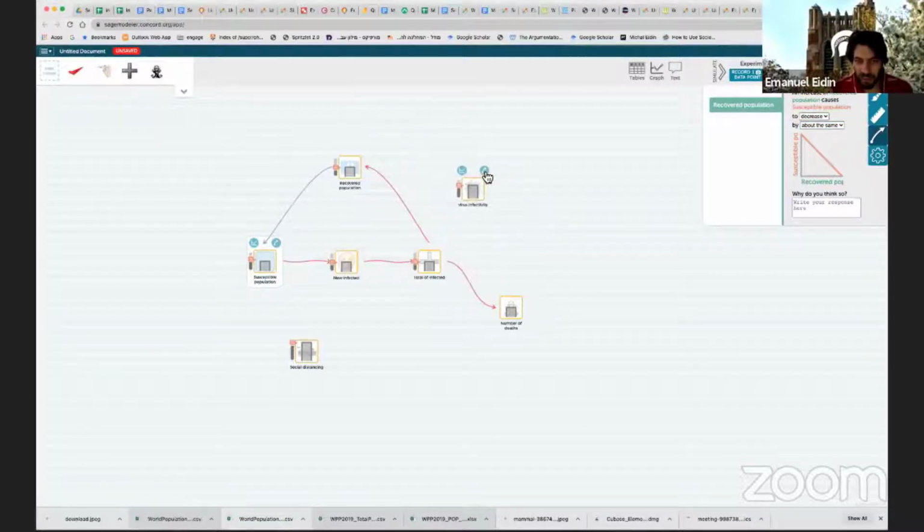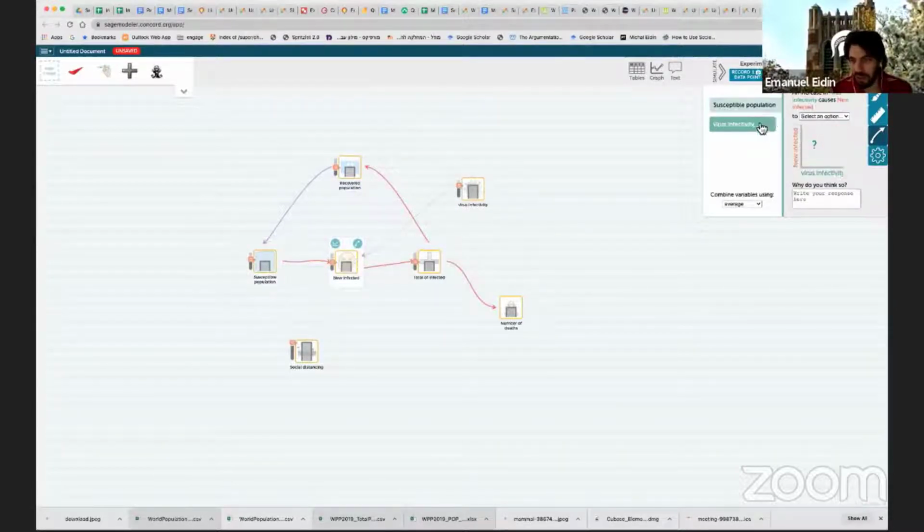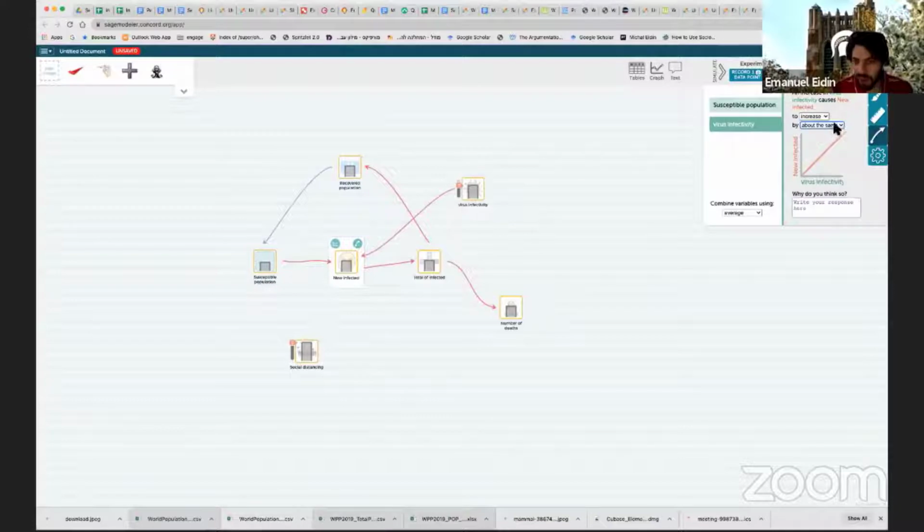Depending on how infective the virus is, I can say the more infective it is, the more the likelihood of new infected people increases. And I can toggle the slider up and down and play with it and see what I get.